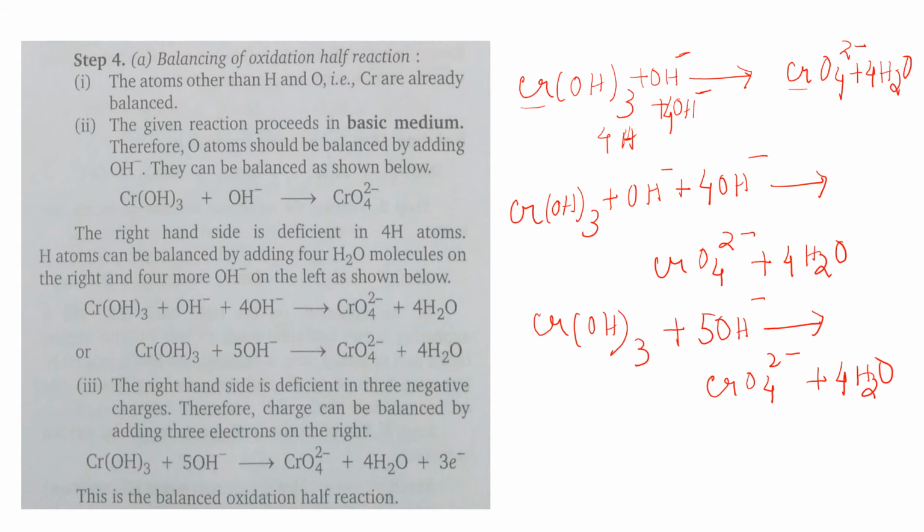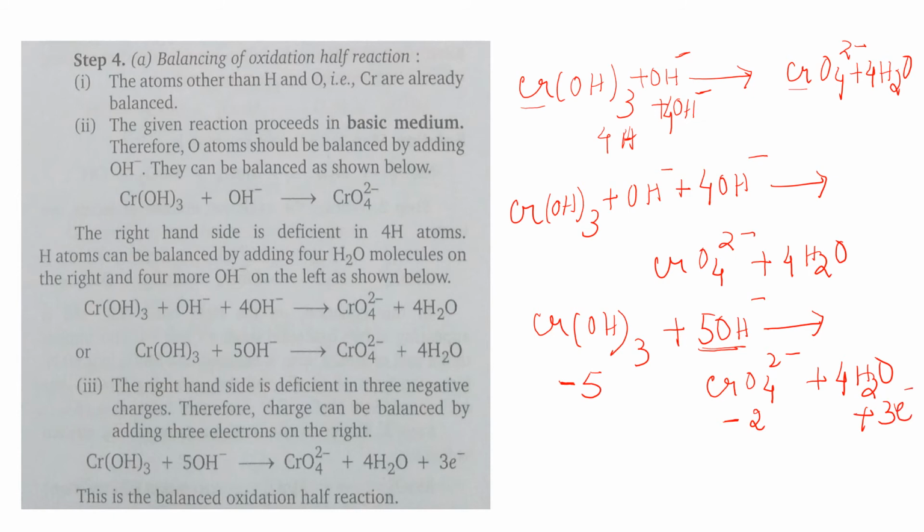Here in the left hand side there are 5 negative charges and in the right hand side I have 2 negative charges. So to balance it, I have to add 3 electrons in the right hand side.